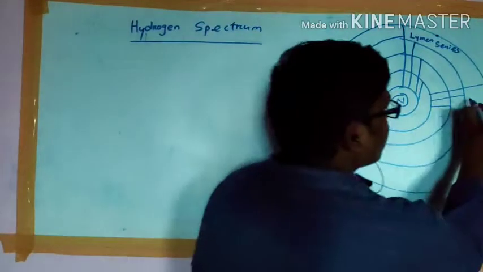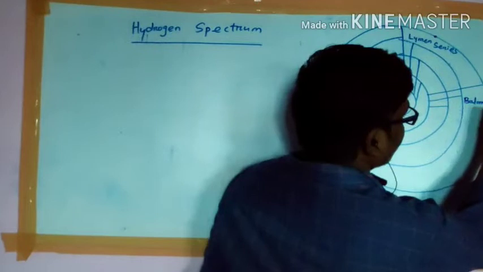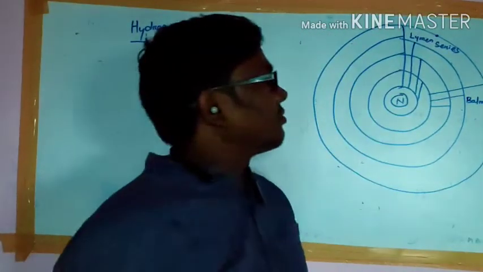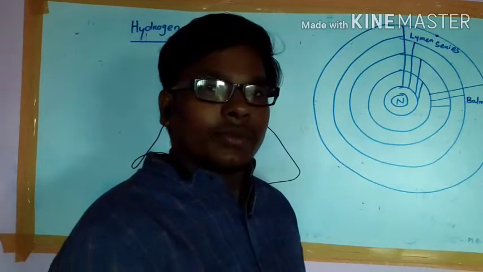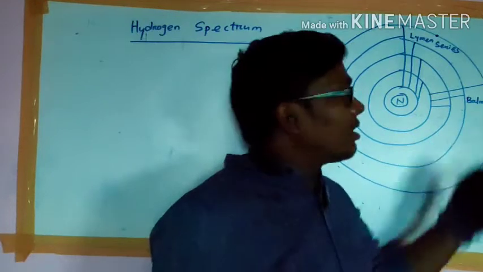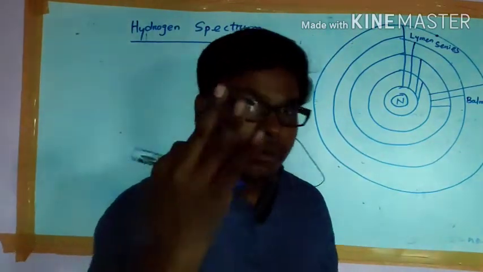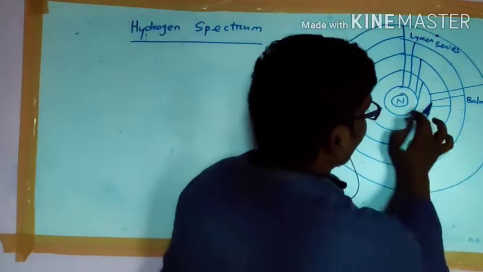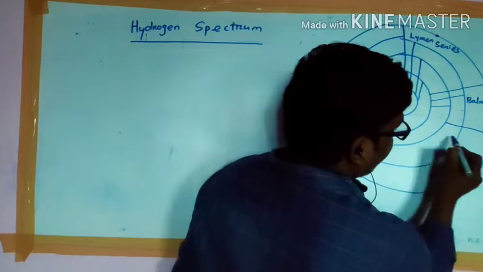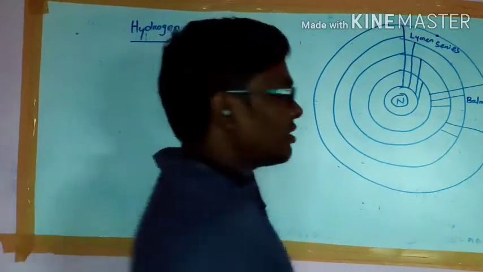Third, if I make my ground state orbit number 3, this is called the Paschen series.